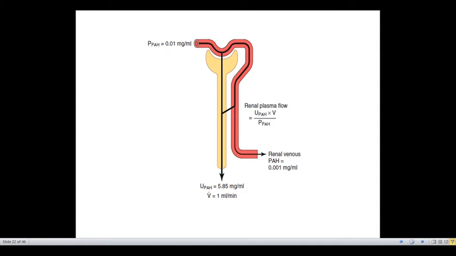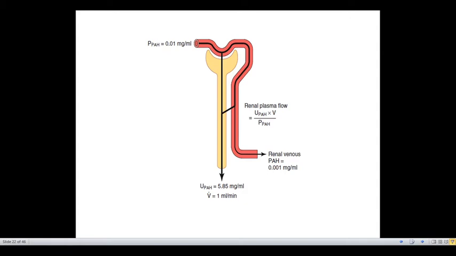PAH is freely filtered by the glomerular capillaries and is also secreted from the peritubular capillary blood into the tubular lumen.